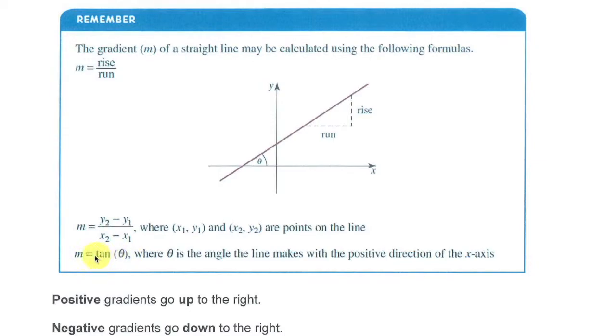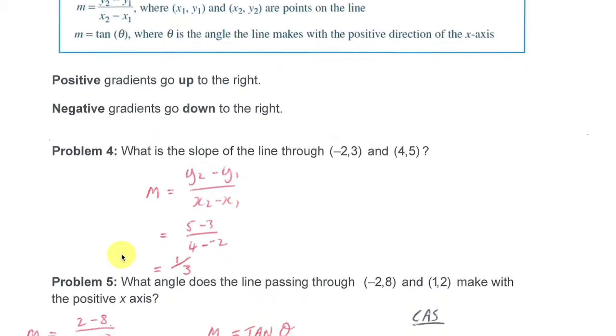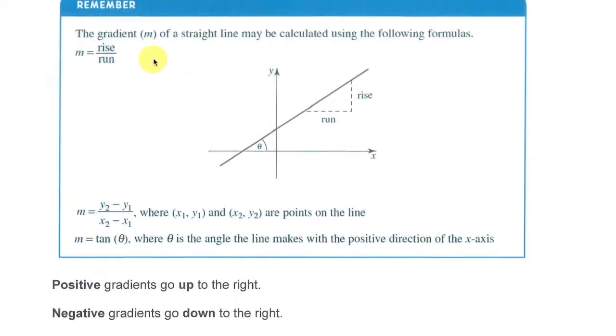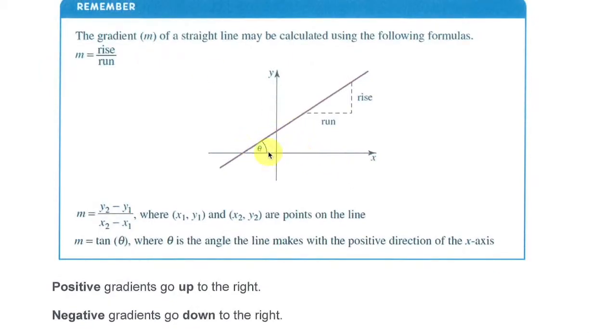And we can apply that to situations such as question 5. What angle does a line passing through these 2 points make with the positive x-axis? So when we're talking about the positive x-axis, we're talking about to the right-hand side here in the positive direction, not to the left.